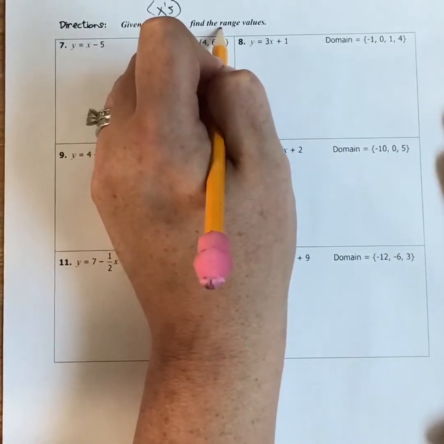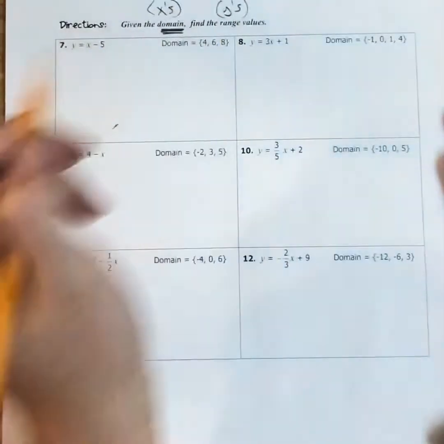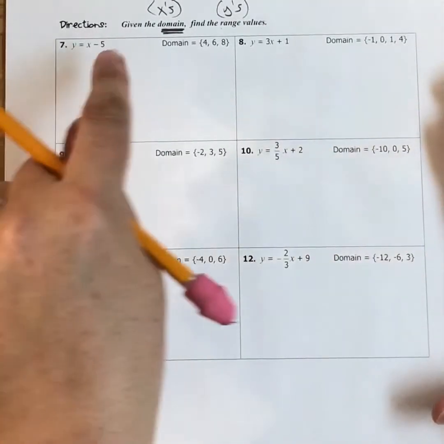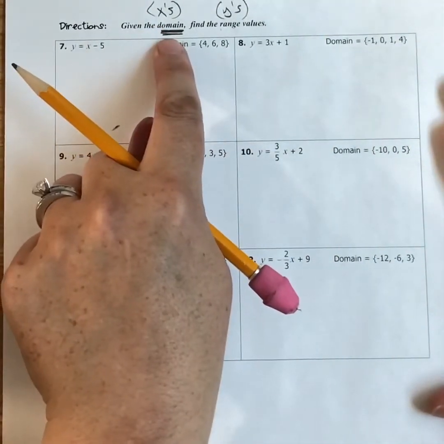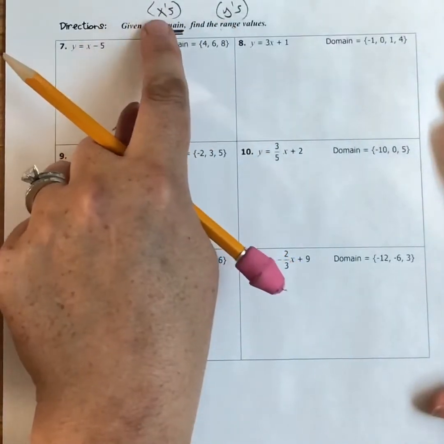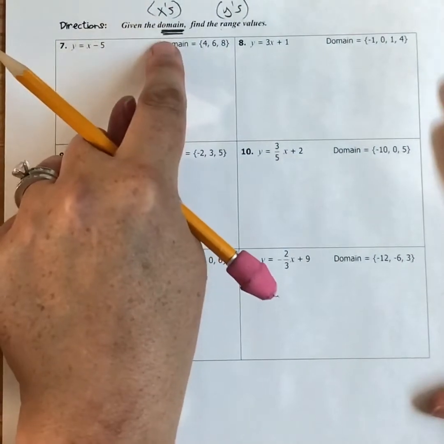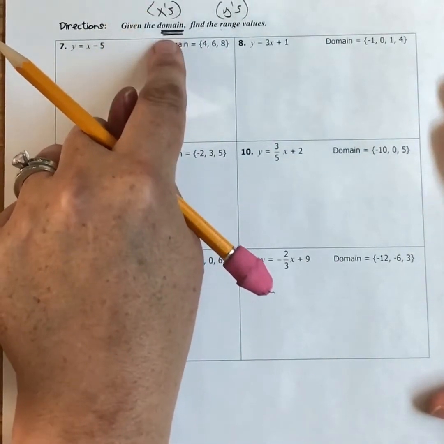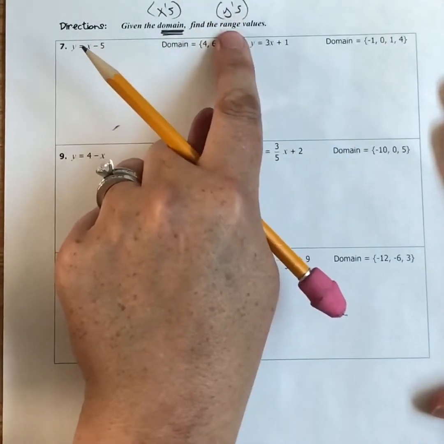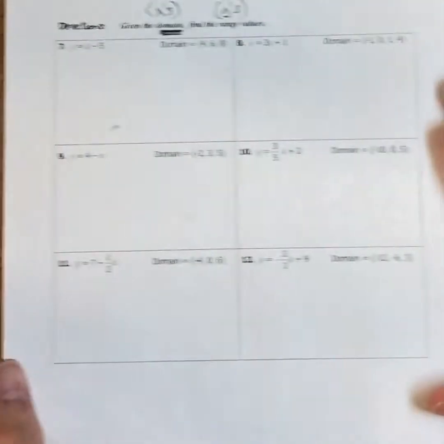Well, remember the range are the y values, okay? And one way I keep domain and range separate so I don't confuse them, well, since domain is alphabetically before range, it's the same thing for x's and y's. Well, x goes with domain just like both x and domain are first in the alphabet before y and range, okay? So that's how I remember them.